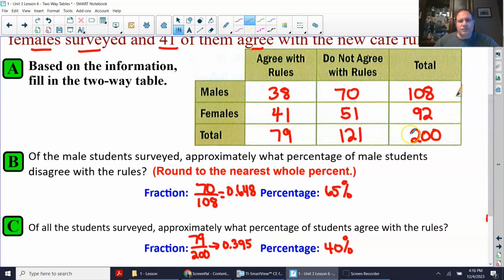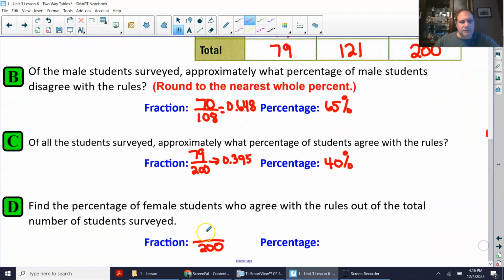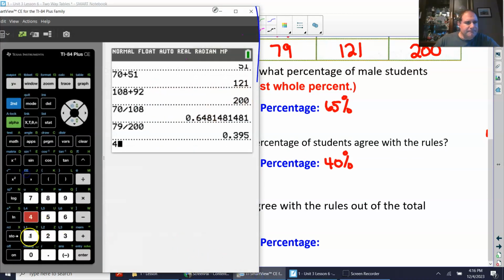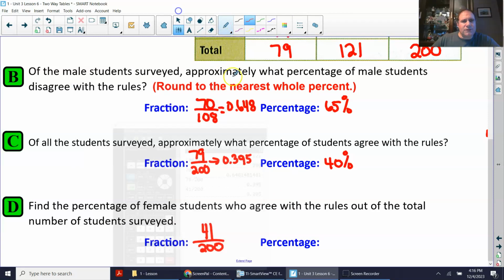So total number of students surveyed, agree with the rules, female, 41. So 41 over 200 is 0.205. If you move the decimal over 2 places, you get 20.5%, and you round it to 21%.